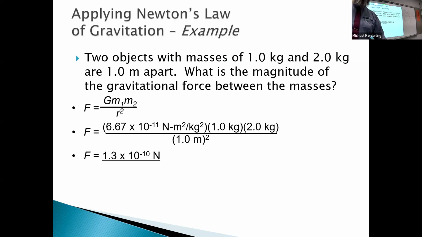It's 100 trillion times smaller, something like that.